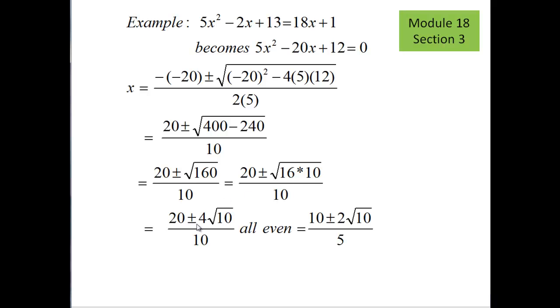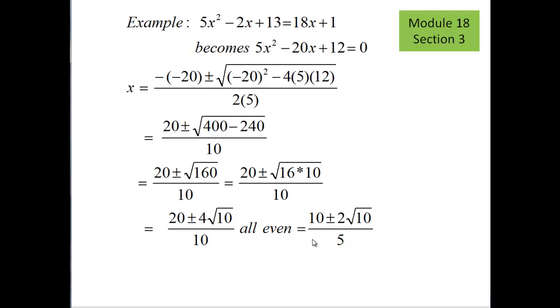So I have 20 plus or minus 4 square root of 10 over 10. Now these front numbers are all even, so I can divide by 2. 20 divided by 2 is 10, plus or minus 2, because 4 divided by 2, and 10 divided by 2. We leave the inside alone because it's inside a square root.